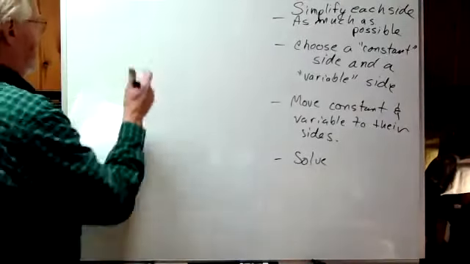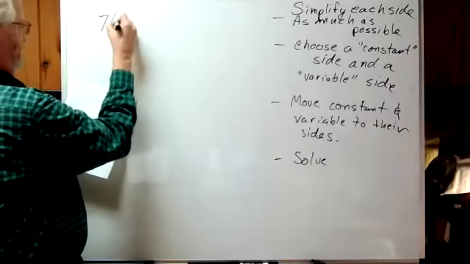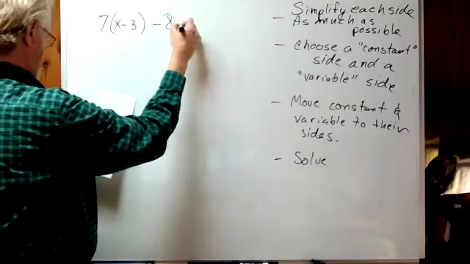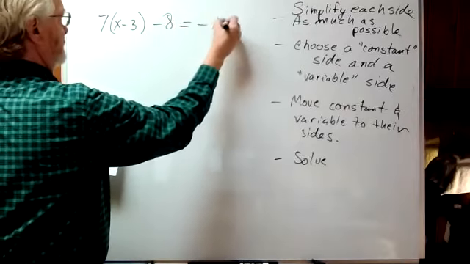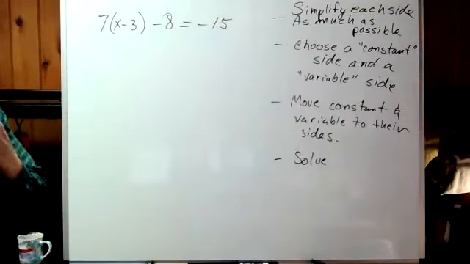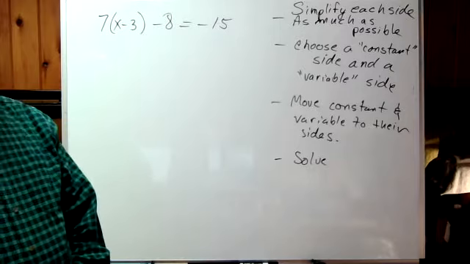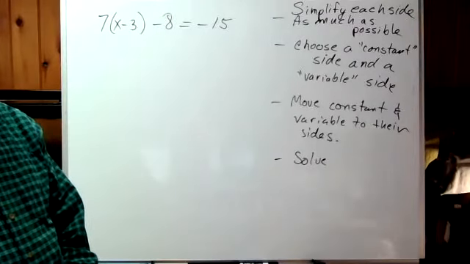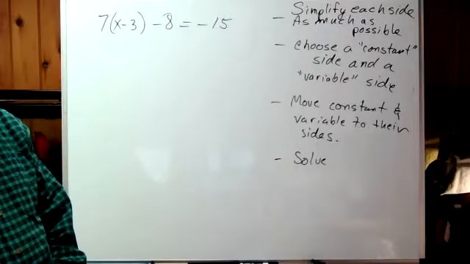What do you think we should do to this one first? How many terms are on the left side of this equation? How many big pieces are on the left side?